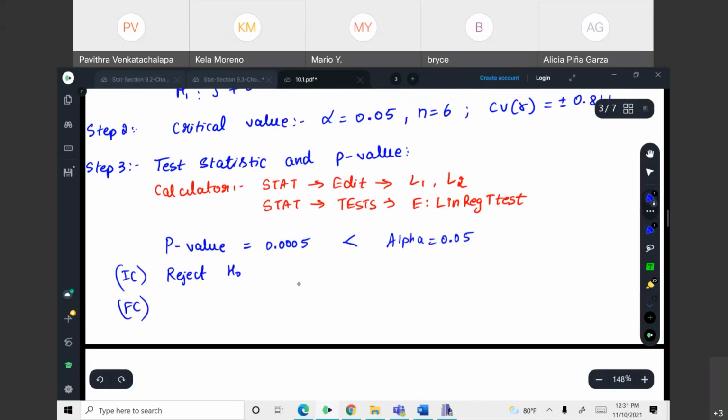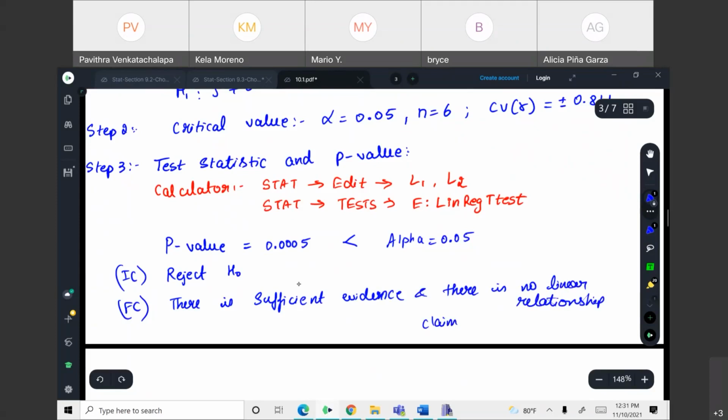When you are rejecting H naught, you say there is sufficient evidence and there is a linear relationship. So the claim is H1.